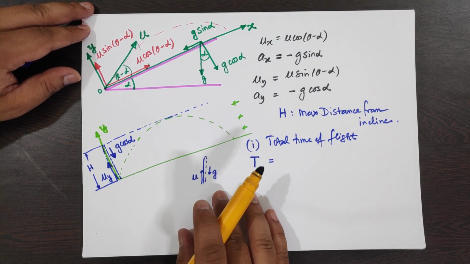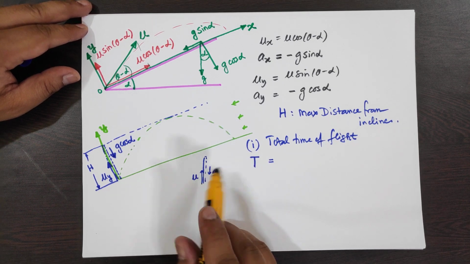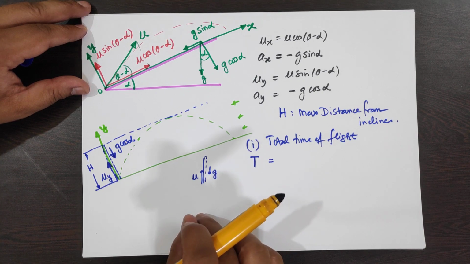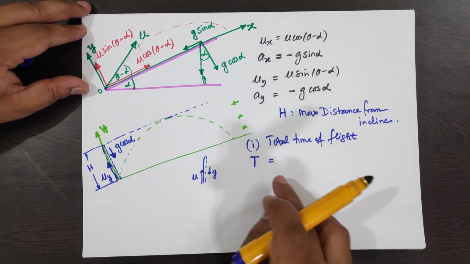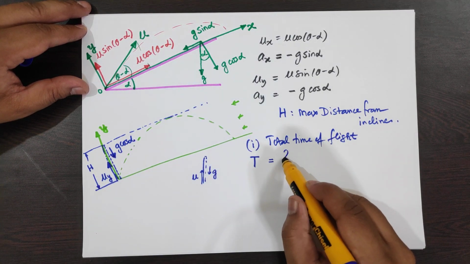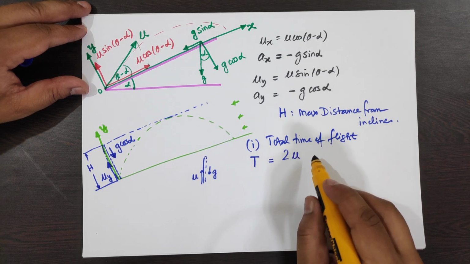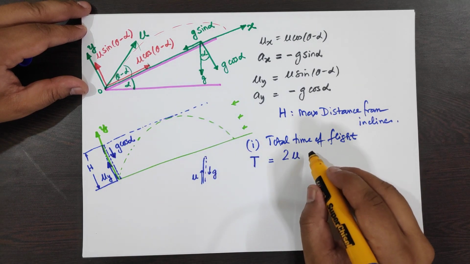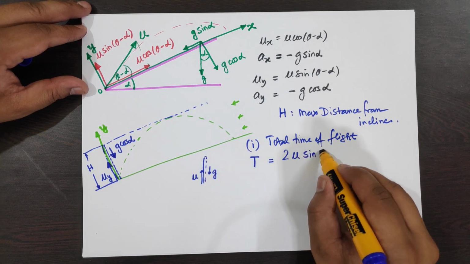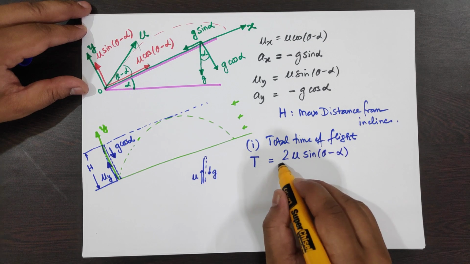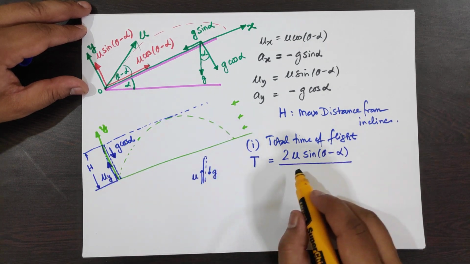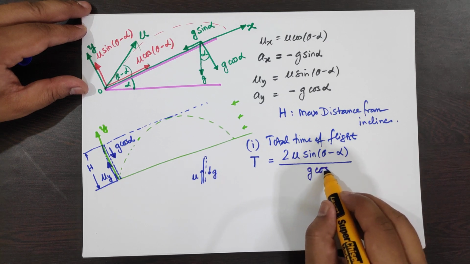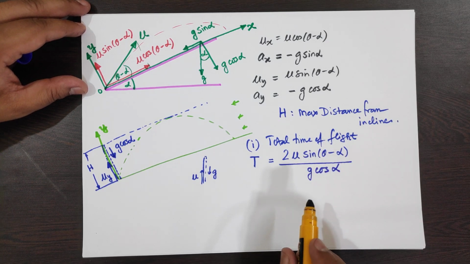Similarly here it is 2uy, where u is replaced by uy, that means u sin of theta minus alpha, divided by the downward acceleration, which is g cos alpha. So that is the total time of flight.